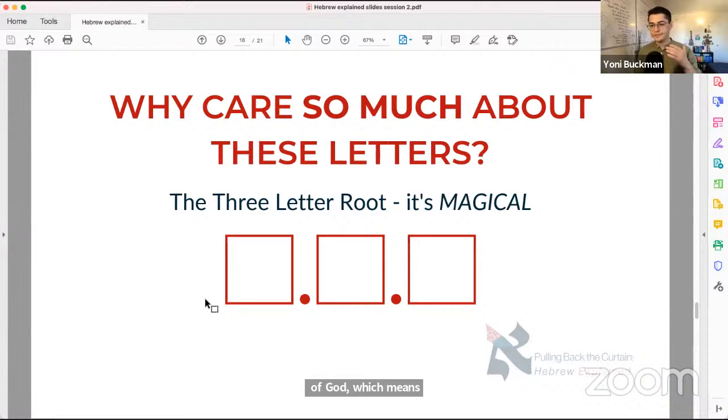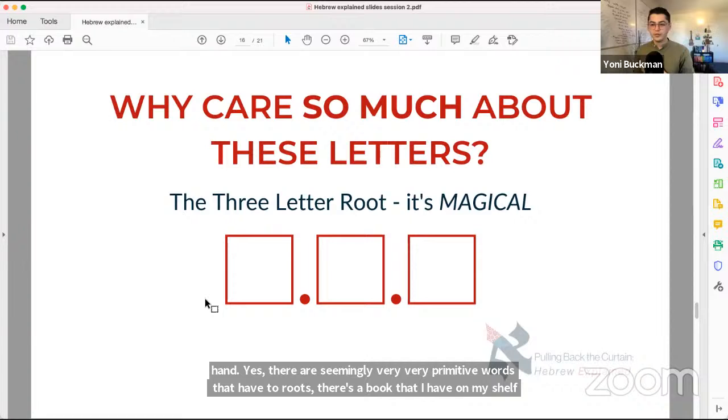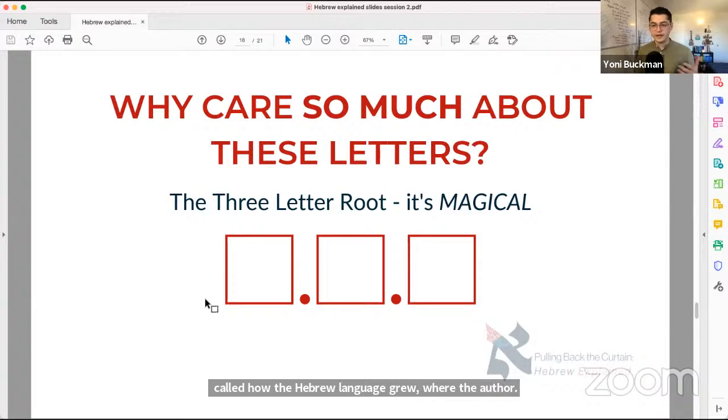But just like social security numbers and Zoom URL codes and license plates, you run out of permutations pretty quickly. And so at some point, these 2-letter roots might have turned into 3-letter roots.